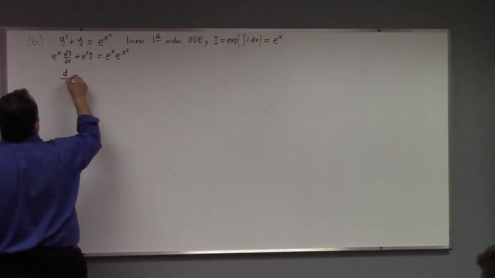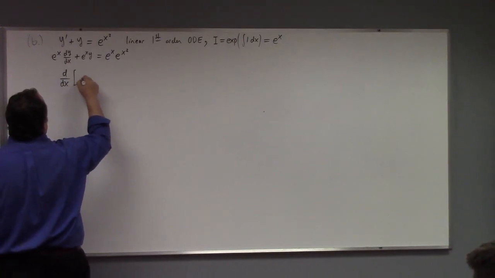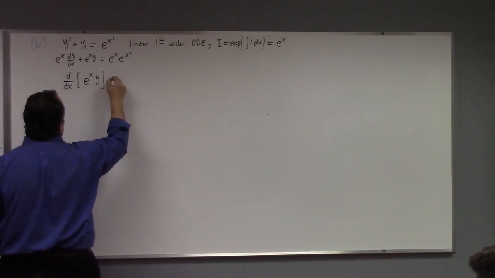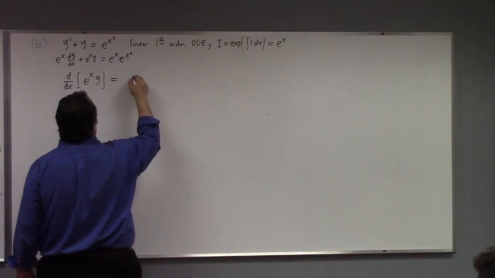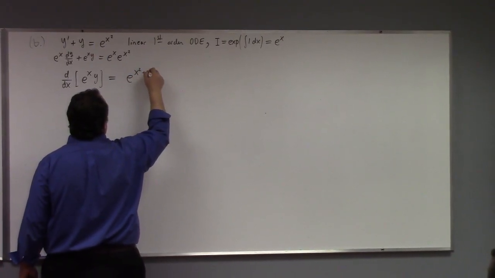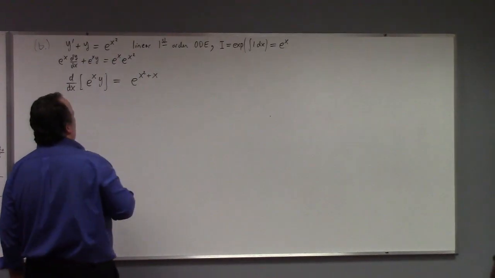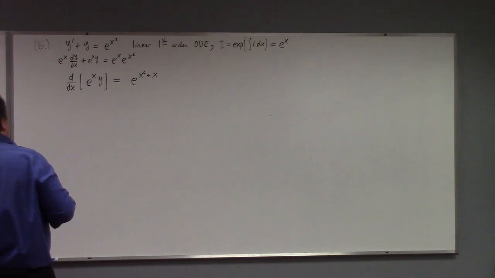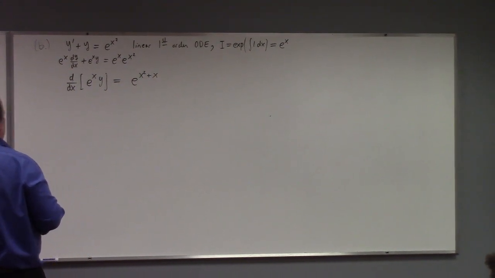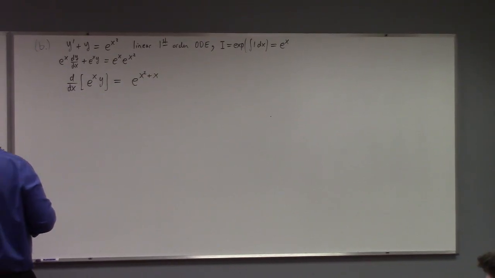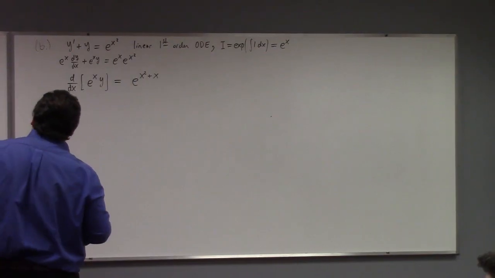Oh well, I maybe made this too hard. d dx of e to the x times y is equal to e to the x squared plus x. That's nasty. That's not nice. Oh, rats. I guess I can't solve this one in closed form.